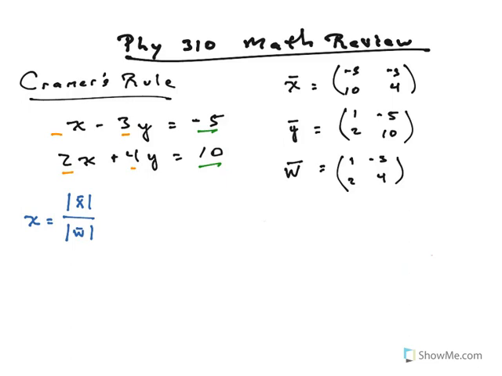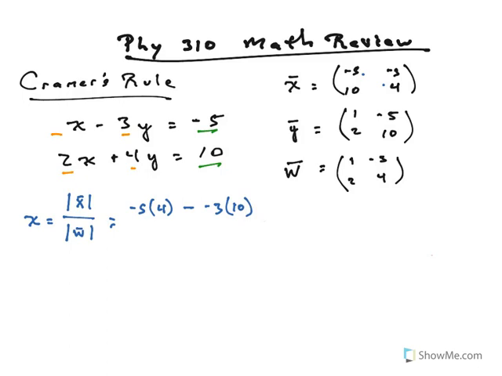So I want to do the determinant of the X matrix. Well, let's look at the X matrix here. I've got -5 times 4, so -5 times 4 minus, that's -3 times 10. So that's the determinant on top.